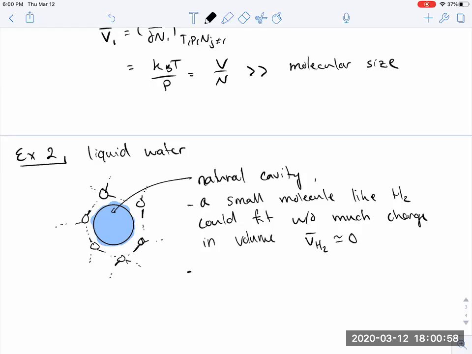Now, imagine instead of putting something pretty inert like hydrogen gas in that little cavity, we stuck an ion. Now, an ion, be it positively or negatively charged, is going to interact very strongly with the surrounding water. So imagine we put in, for example, a fluoride ion, something with a negative charge.